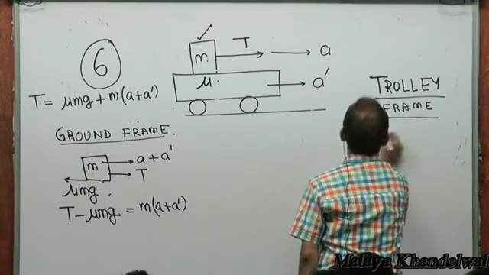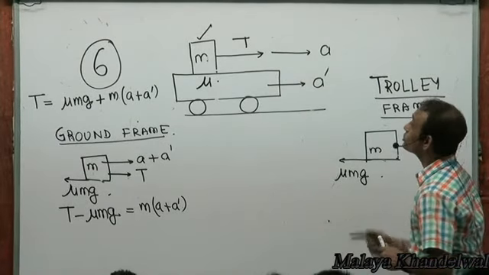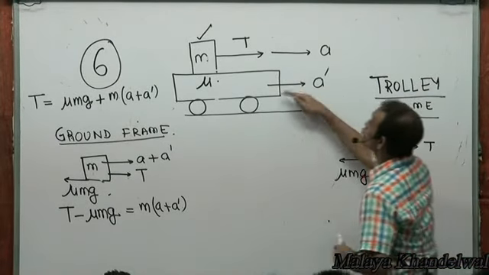In the trolley frame, realize that of course there is T, which is a real force acting to the right. There is mu mg acting to the left, and there is a pseudo force which would be m a prime leftwards.